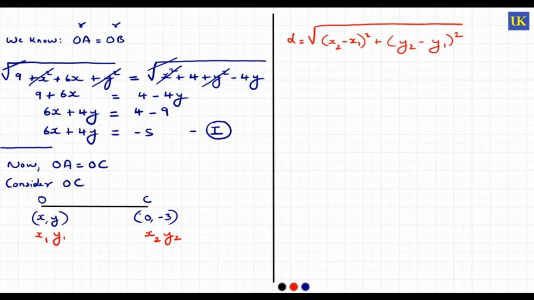I have written the coordinates of O and C. O, as usual, I have taken as x1, y1, and the C coordinate I have taken as x2, y2, and this is our distance formula. We are going to find the distance of OC now. So we just have to input the values of x1, x2, y1, y2. So x2 is 0, x1 is x square, plus y2 is minus 3, minus y1 is y square. Now we will calculate this further.